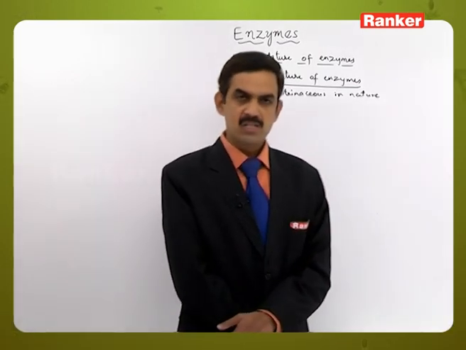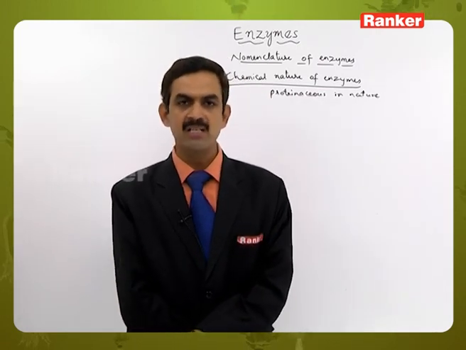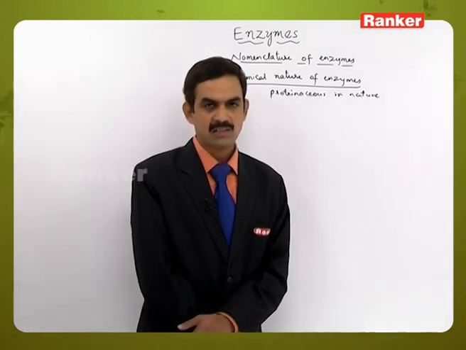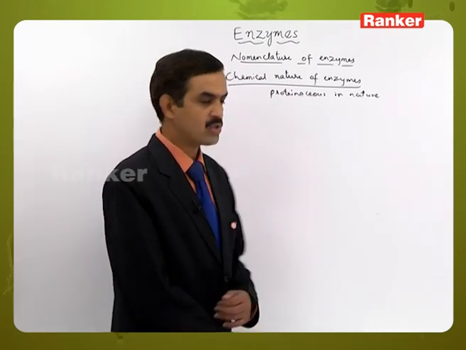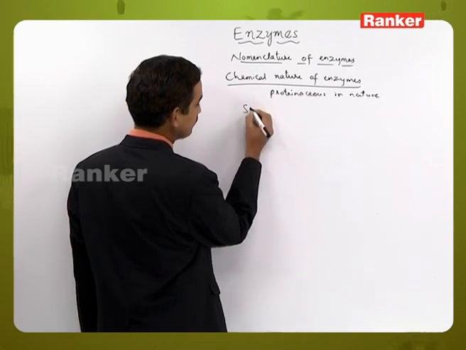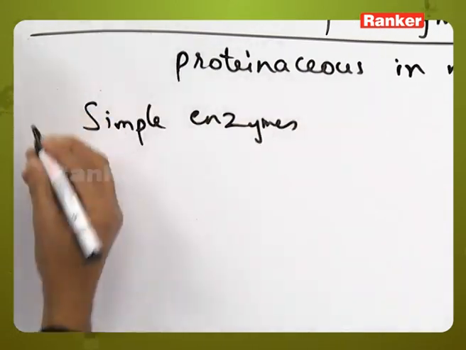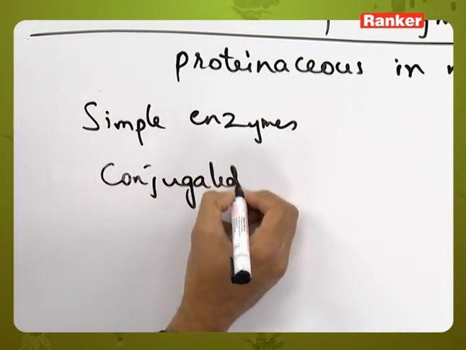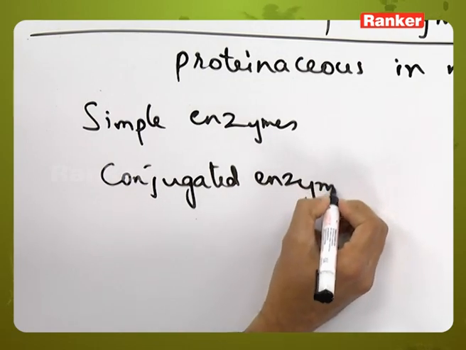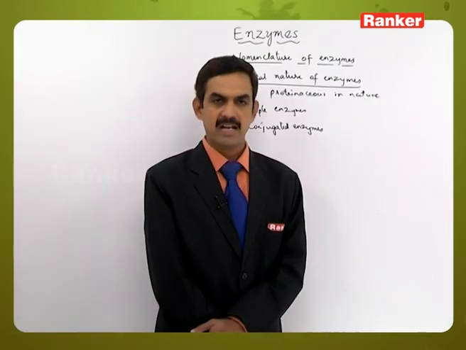Here the proteins not only contain the protein part, but they also contain a non-protein part. So, based on the composition, there are basically two types of enzymes: simple enzymes and conjugated enzymes. Let us start with the first one, the simple enzymes.